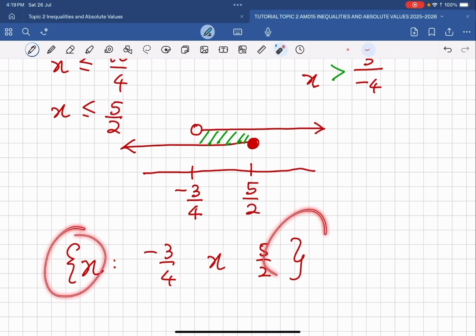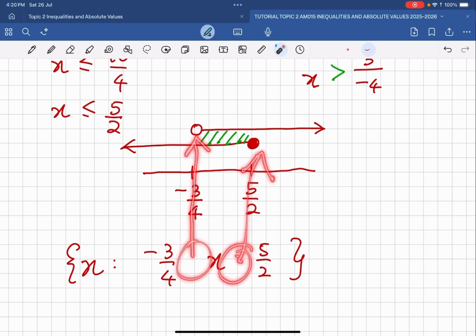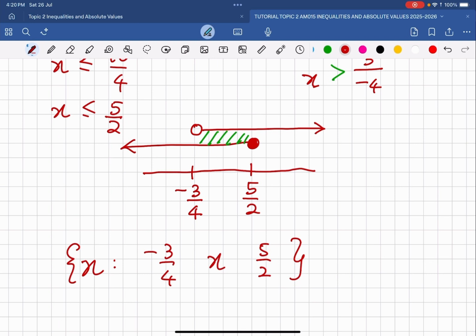And the symbol that you're going to put here is based on the circles you have. If it's open circles, it's going to be less than, and if it's a closed circle, it's going to be less than or equal to.